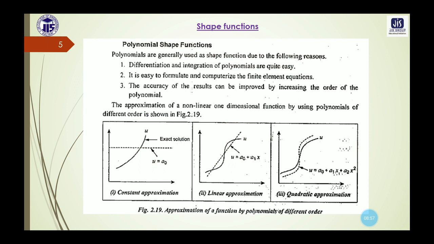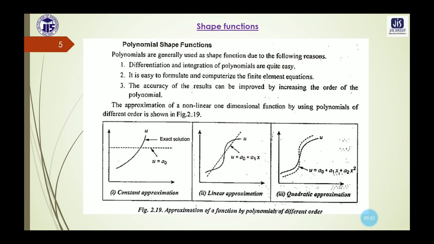This type of thing we have seen in the Rayleigh-Ritz method, where we used two different terms while considering the polynomial or approximation function, and whatever error we received compared with the exact solution, that error could have been minimized if we had increased the order of the polynomial.